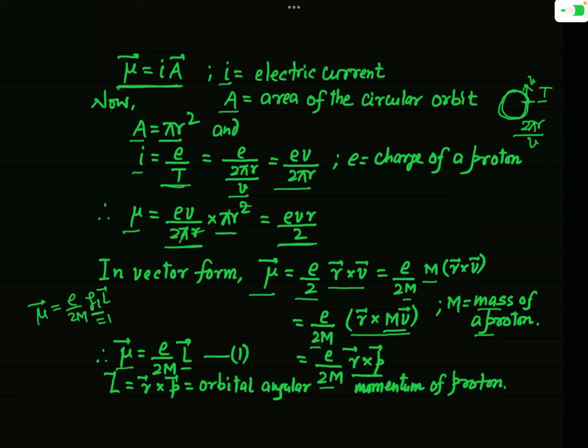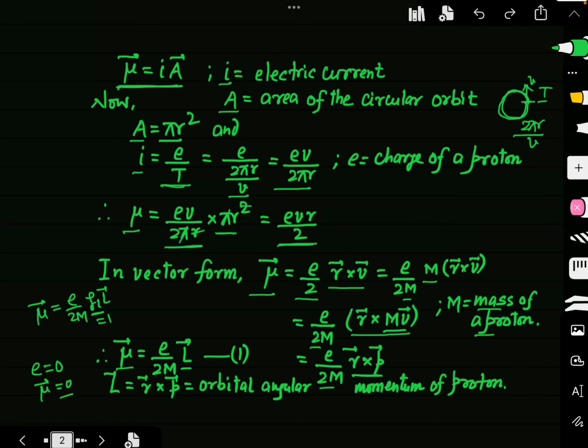So if you write such expression for neutron, you have to write E equal to 0, and you can see if E is equal to 0, mu will be equal to 0. So in fact, this orbital magnetic moment for neutron will be simply 0. And the reason is that neutron has no charge. So due to this orbital motion, only the proton has magnetic moment, not neutron. Okay, I think you have understood the fact.